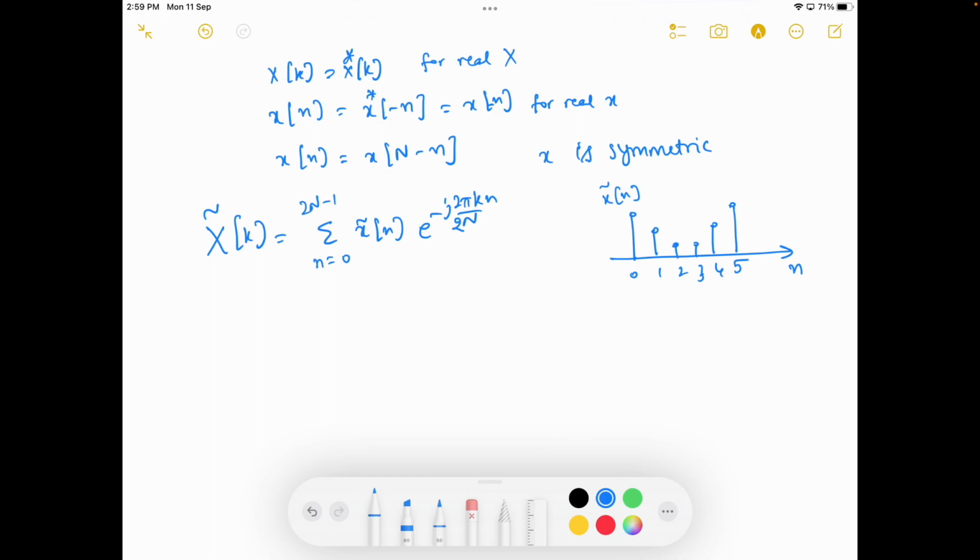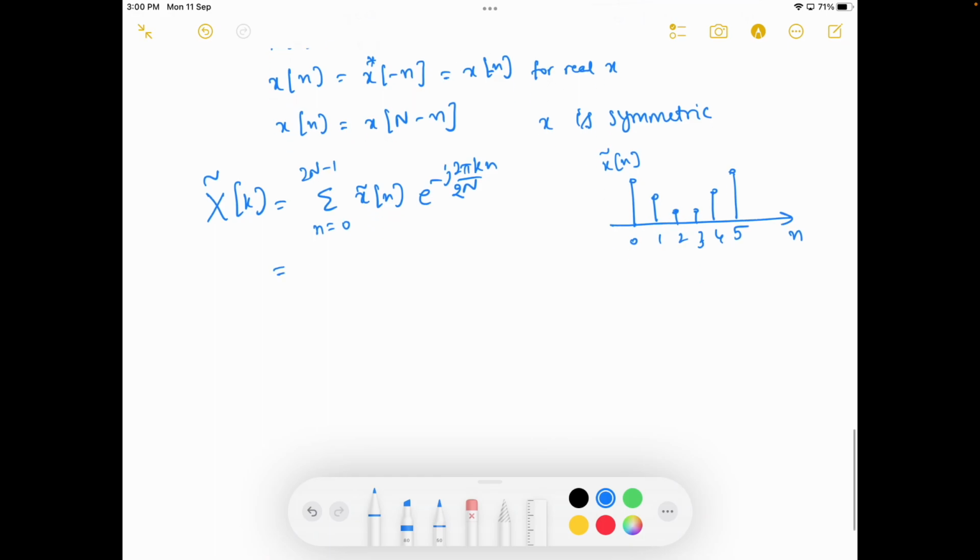If you convert it into x of n now, it is something like this.